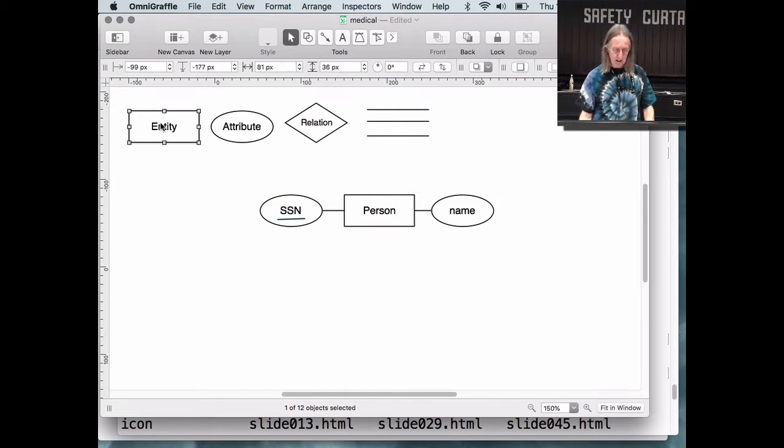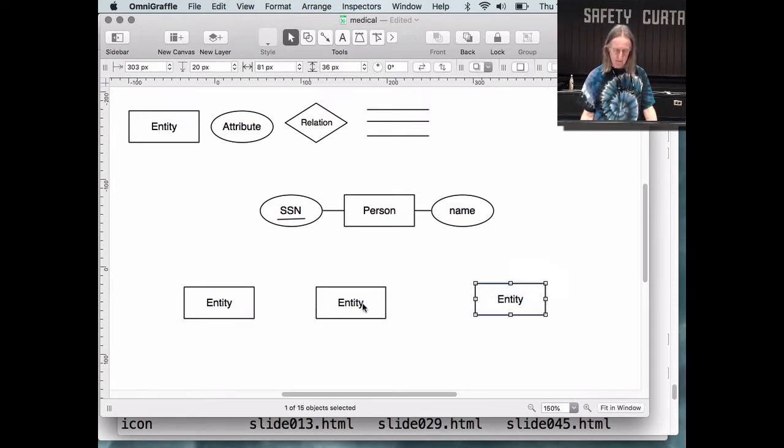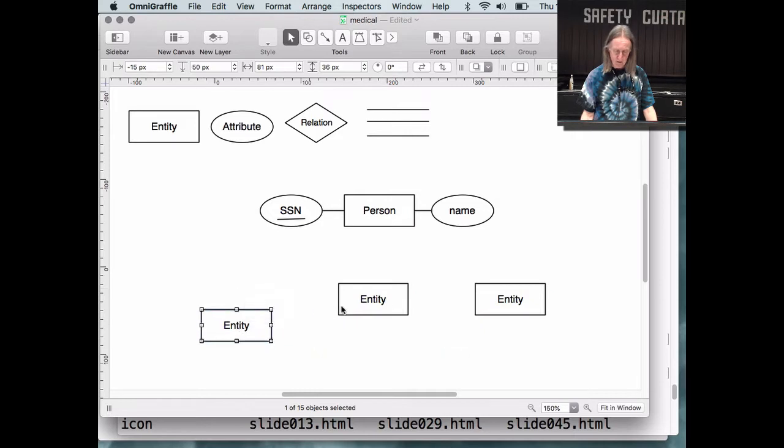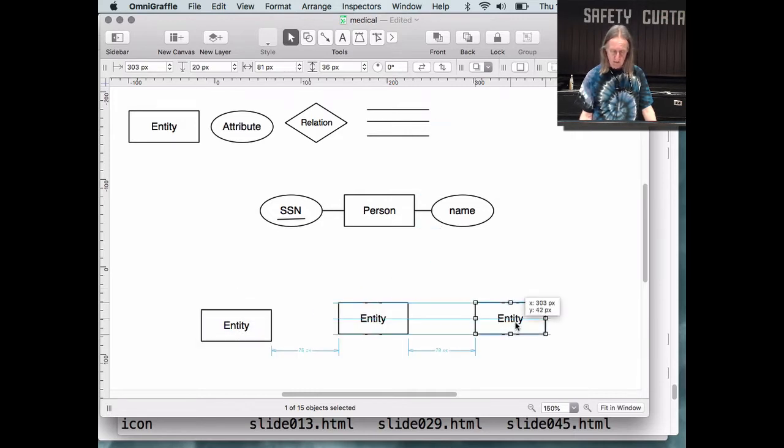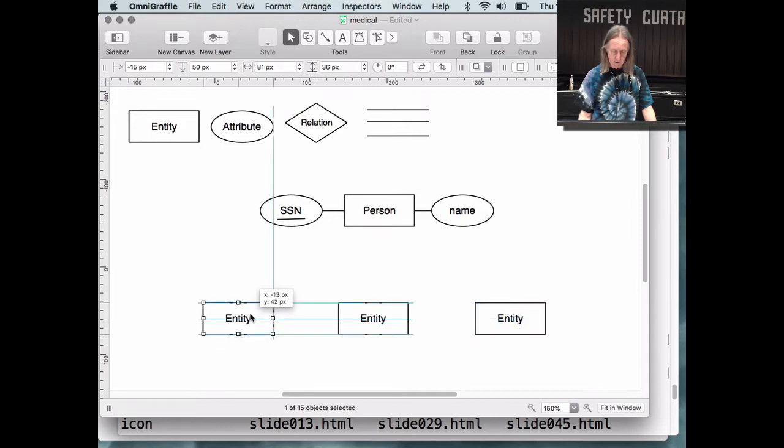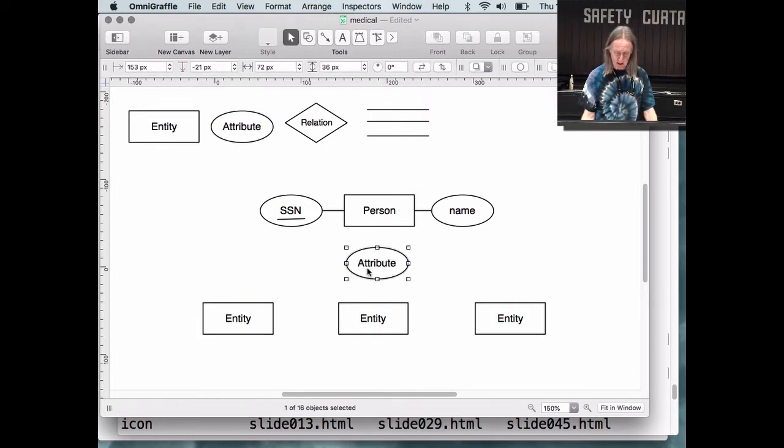Right, and then what we need is, we don't need an attribute, what we need is a circle.